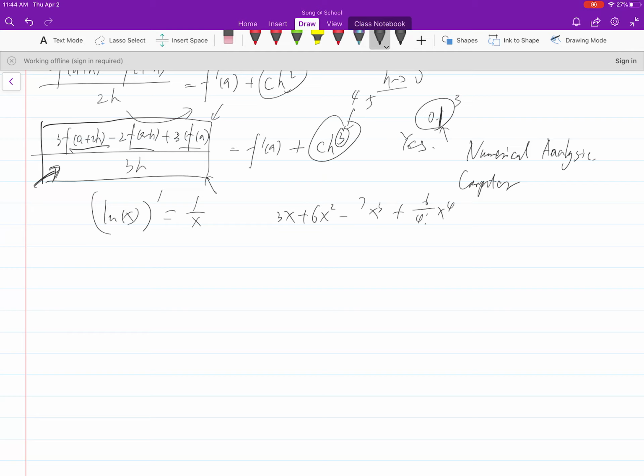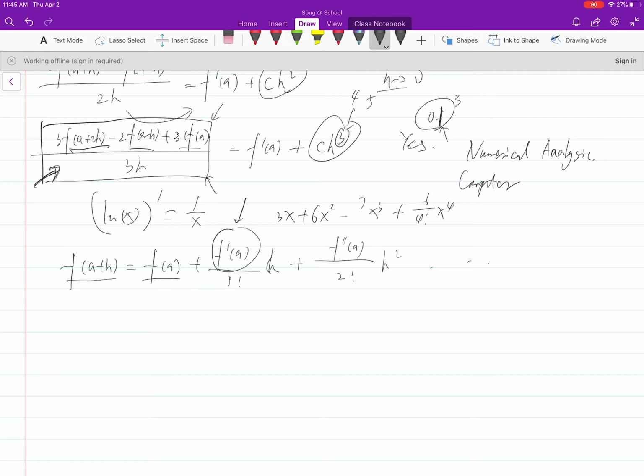By the way, a last thing to tease you a little bit. Let me write it down. Why can't we just use these numbers to approximate f prime a?